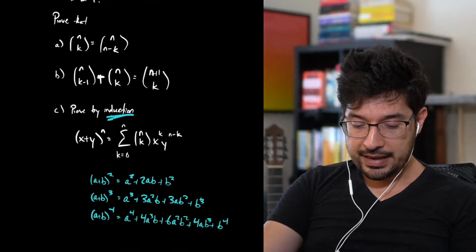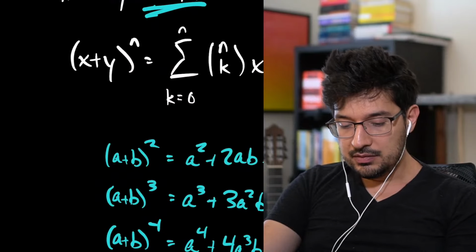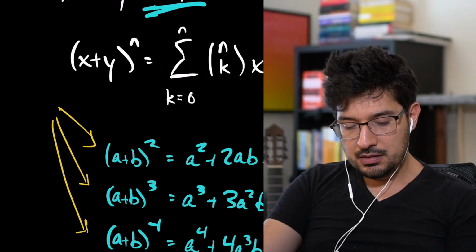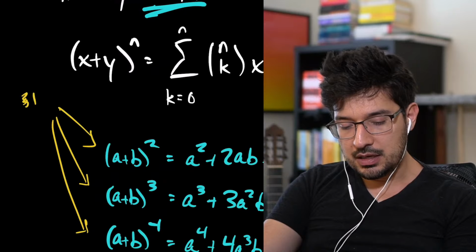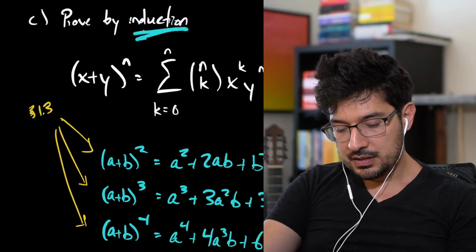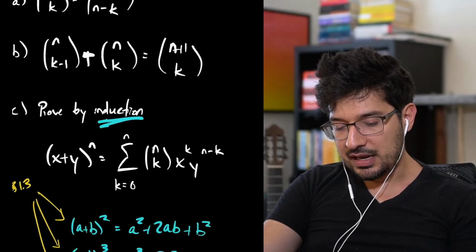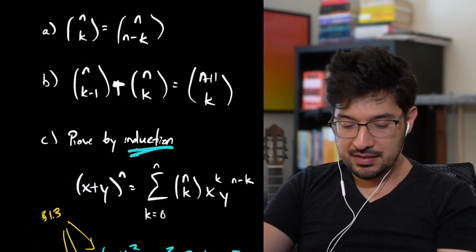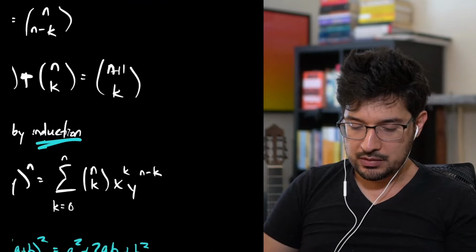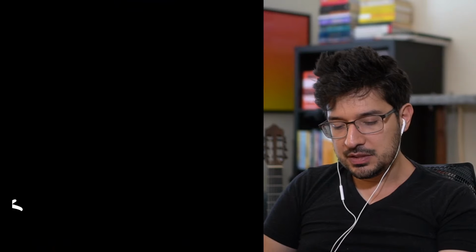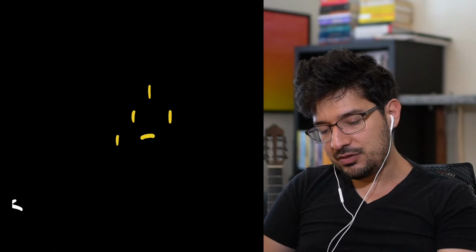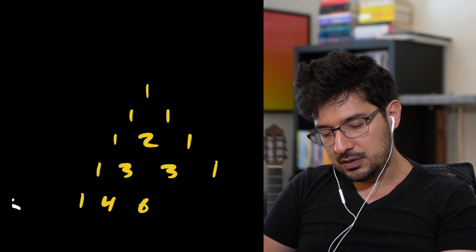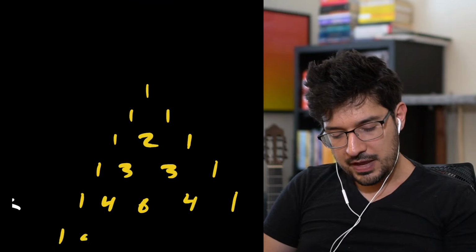And it connects to these formulas that we've done in section 1.3. If we add induction, we can prove that this pattern always works, that the coefficients match Pascal's triangle, which is just such a delightfully cool fact.